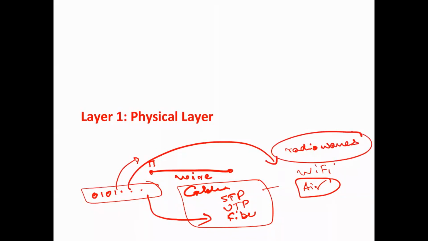So the responsibility of the physical layer is to provide that medium, like cable or fiber, put the signal onto that medium, and on the other end make sure it is received and given to the higher level after receiving, right?